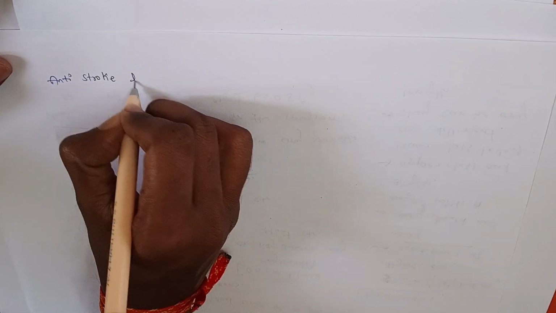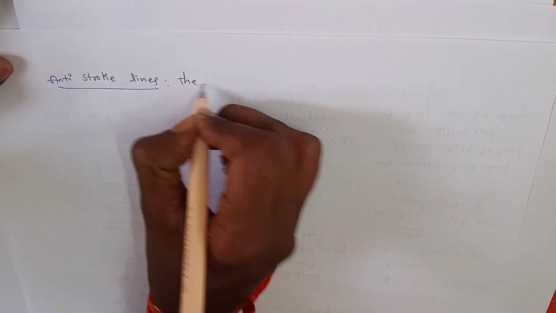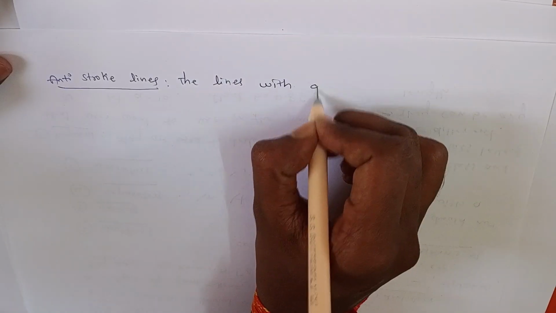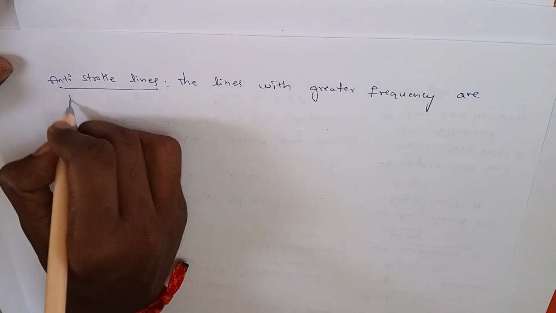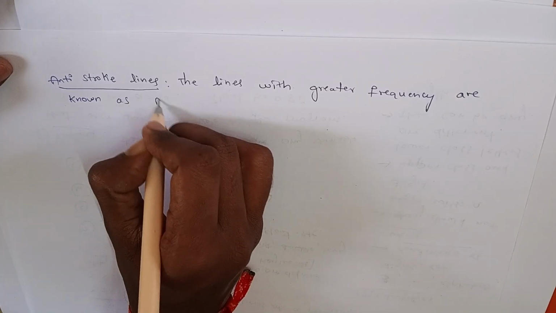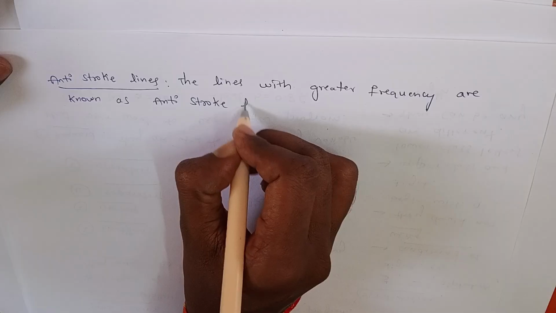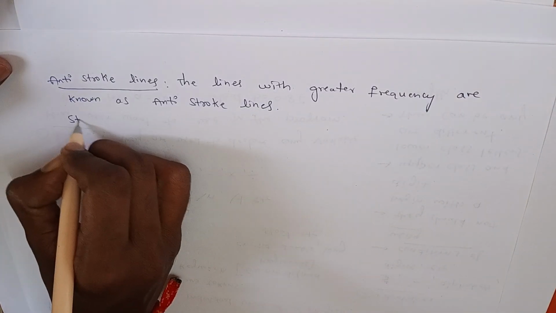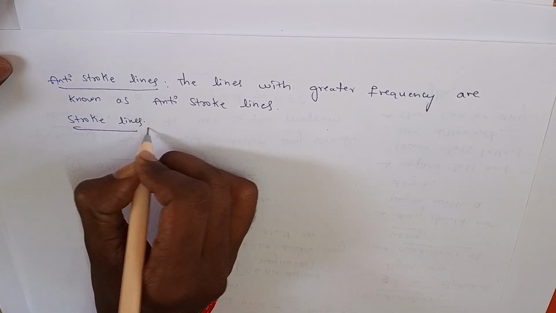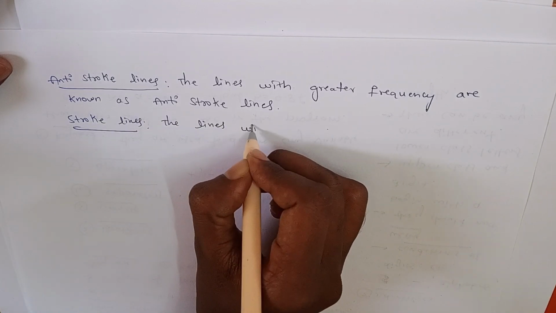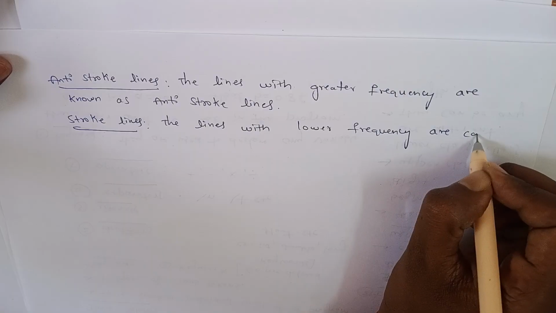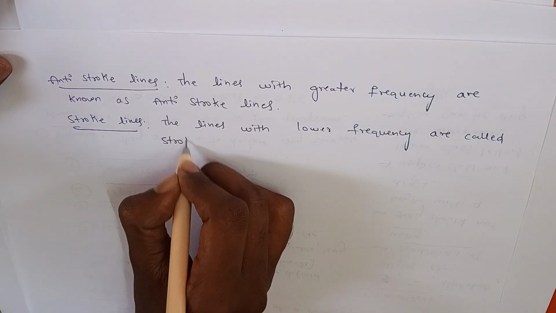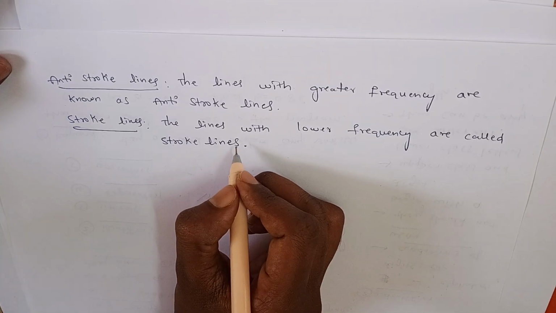The lines with the greater frequency are known as anti-Stokes lines. Next, the lines with lower frequency are called Stokes lines.